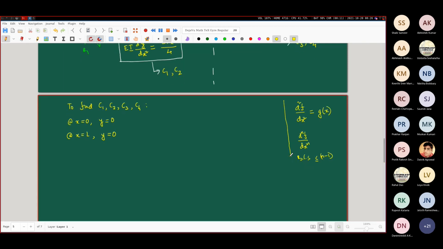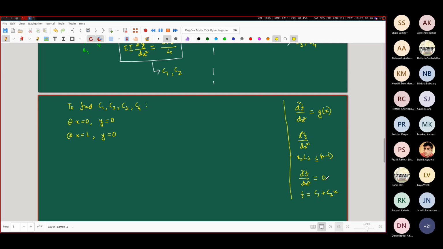Let's take a very simple case, d square f dx square equal to, let's say, 0. Simplest of boundary conditions. What is the solution to this? Tell me. This is c1 plus c2 x. Fine, this is correct. f is equal to c1 plus c2 x.